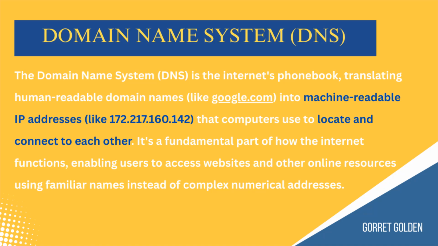So when you type, for example, youtube.com, the domain name system finds the server's IP address, and then it connects you to the server, so that you're able to receive a response from the server that you requested via youtube.com.